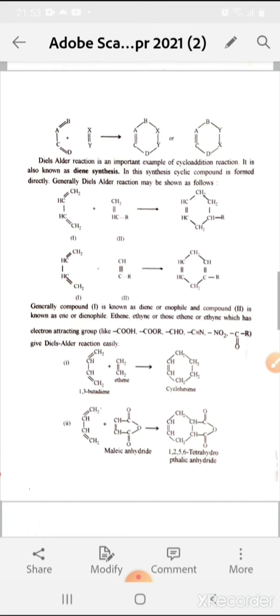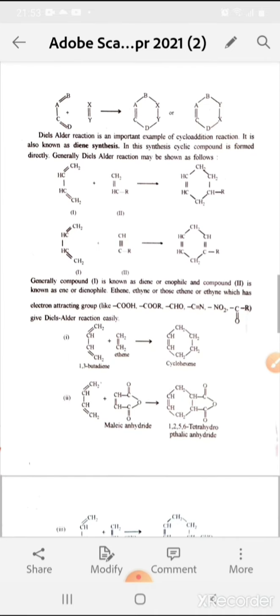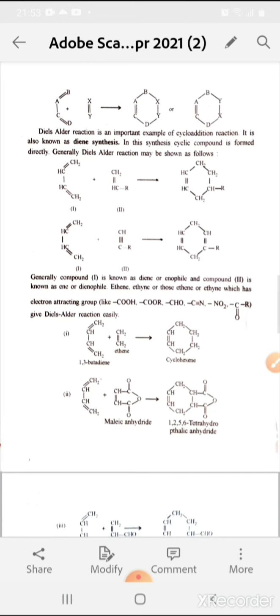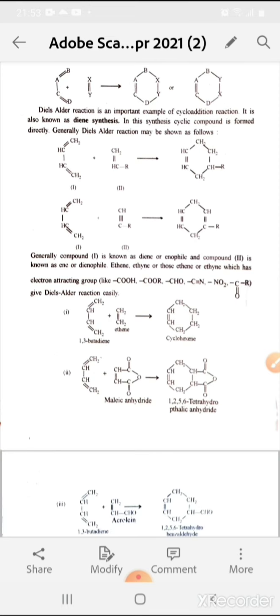Generally, compound 1 is known as the diene and compound 2 is known as the ene or dienophile. Ethene, ethyne, or those ethene or ethyne which have an electron attracting group like COOH, COOR, CHO, CN, NO2, COR give the Diels-Alder reaction easily.